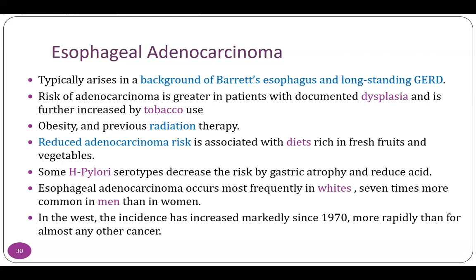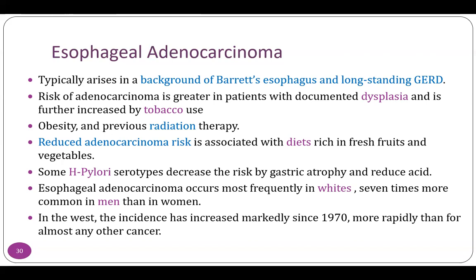The location of adenocarcinoma, where do you expect it? The lower one. So male, white, and lower third of the esophagus, because Barrett esophagus is actually in the lower part. This is another issue, the location of the tumor. So white, male, lower part of the esophagus.